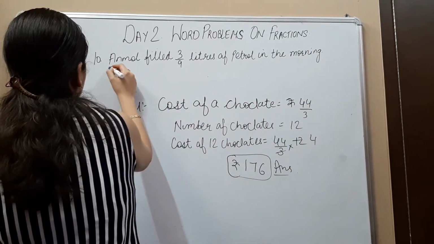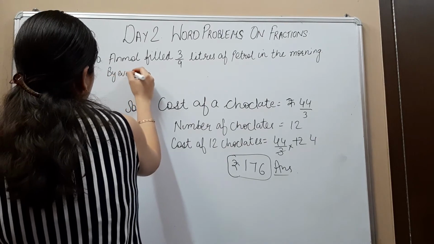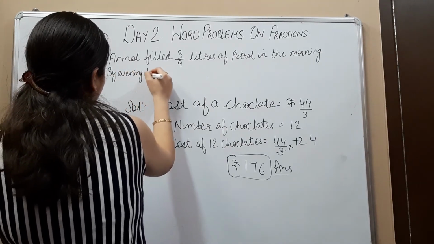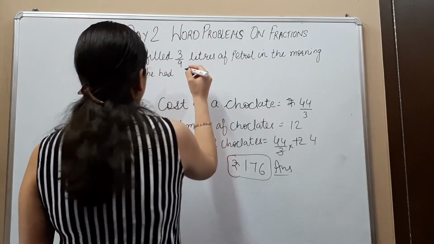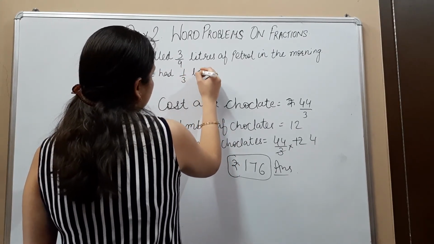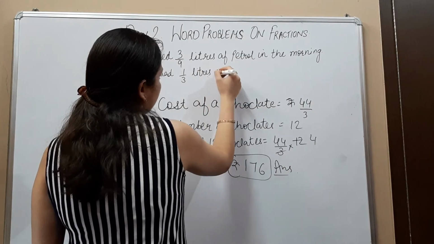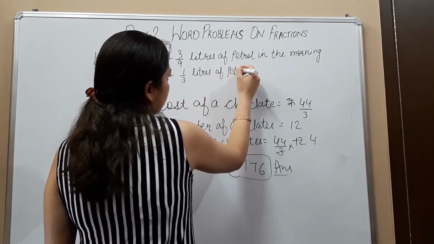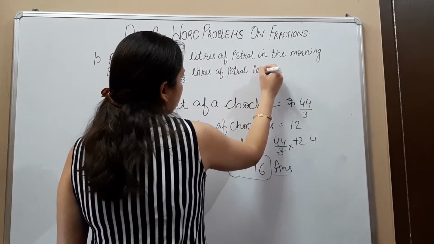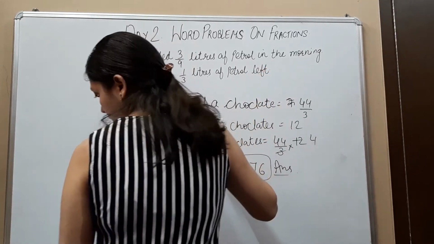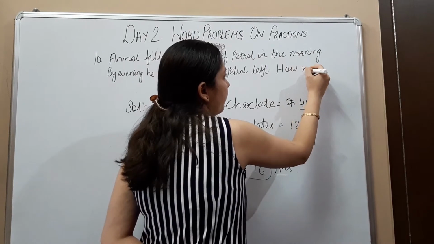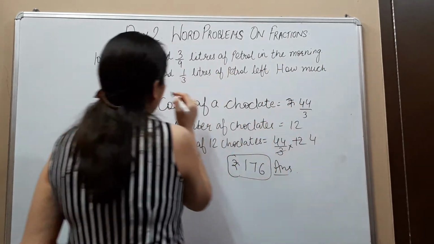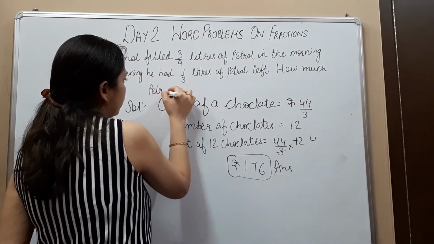By evening he had 1 by 3 liters of petrol left. How much petrol was used?